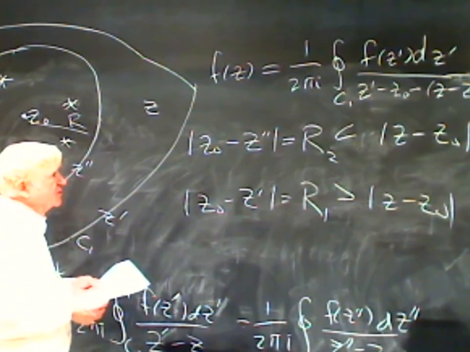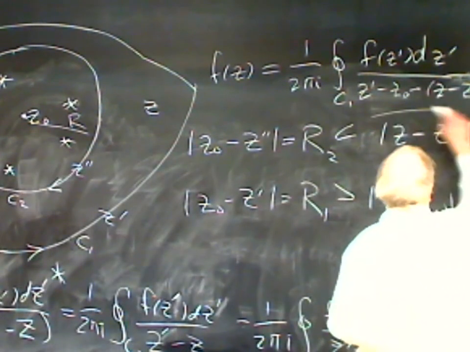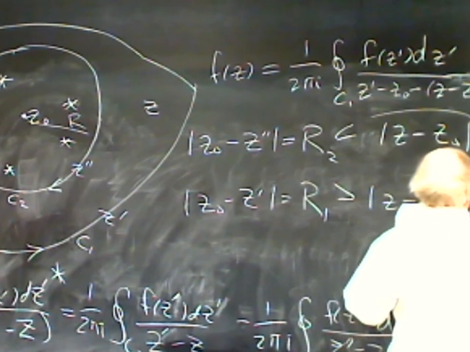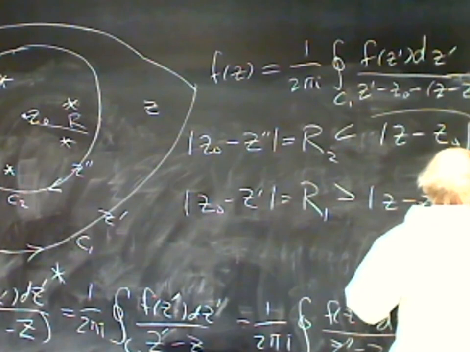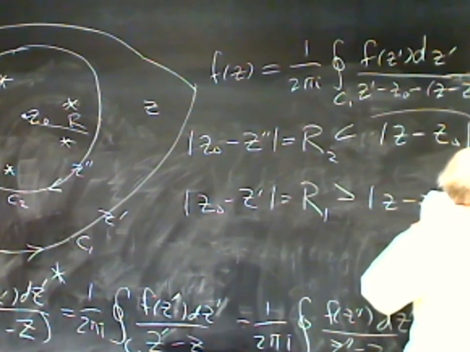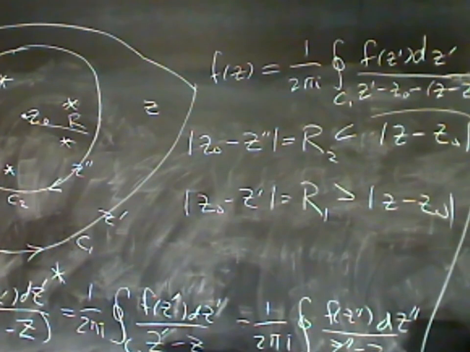All right, the next thing we do is we factorize the denominators, as we did last week. In other words, we get 1 over 2 pi i integral C1 f of z prime dz prime over z prime minus z0 times 1 minus z minus z0 over z prime minus z0.